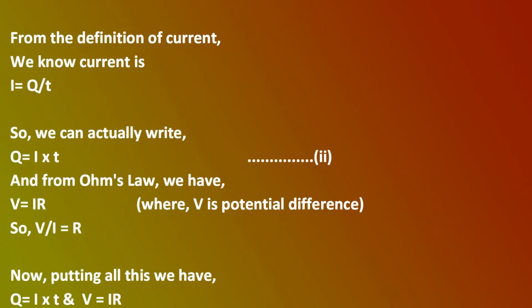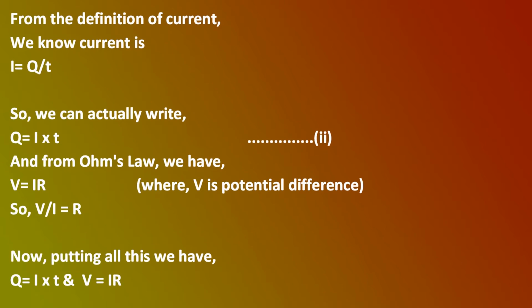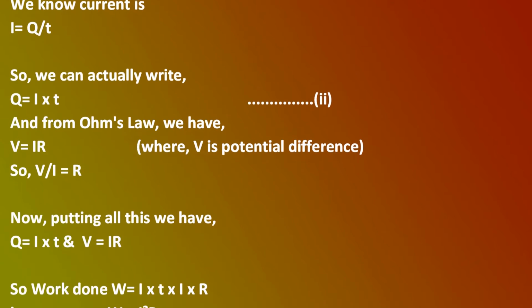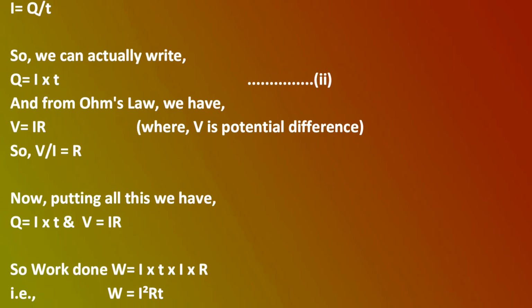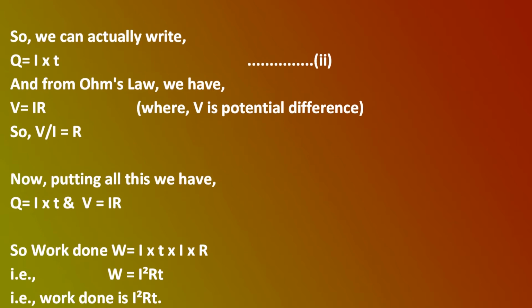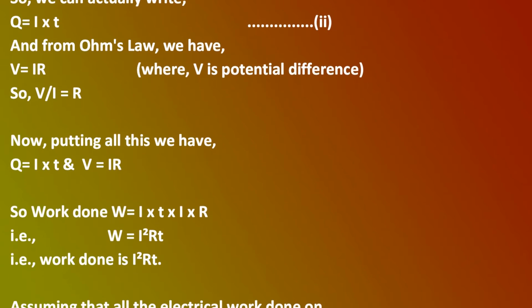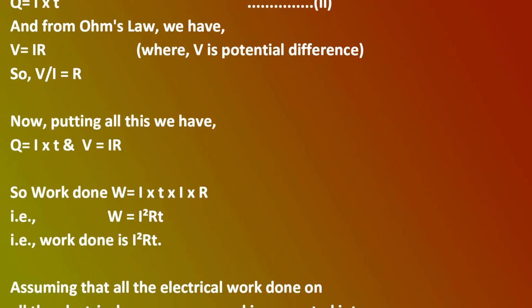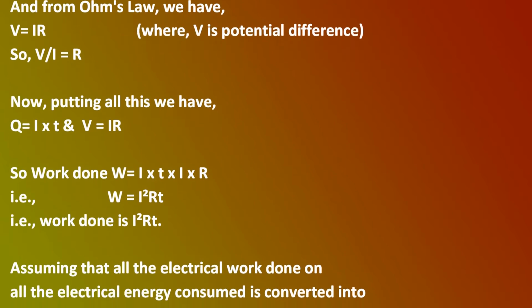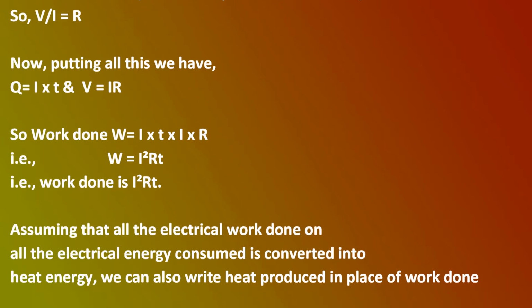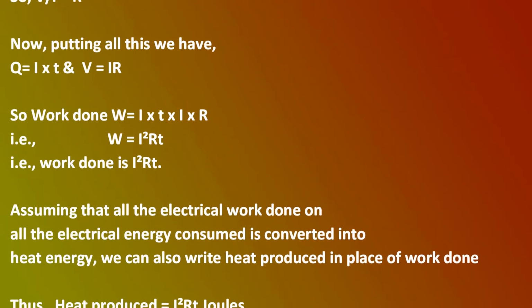Now, putting all these together, we have Q = I × t and V = IR. Thus, we get work done W = I × t × I × R. That is, W = I²Rt.